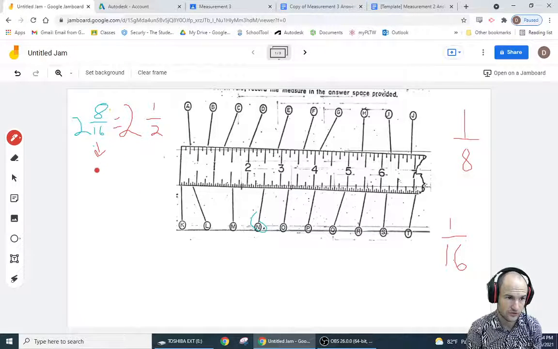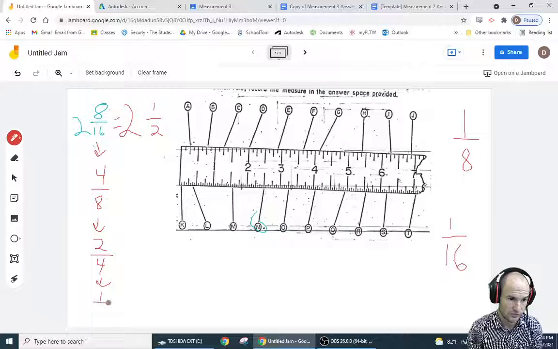So if I reduced this by 2, I'd get 4 over 8. And I see they're both even, so I could reduce it again, and I'd get 2 over 4. And I see they're both even, so I would get eventually down to 1 over 2. And that's by dividing by 2 each time. So that's kind of the process we go through here to get our answers.